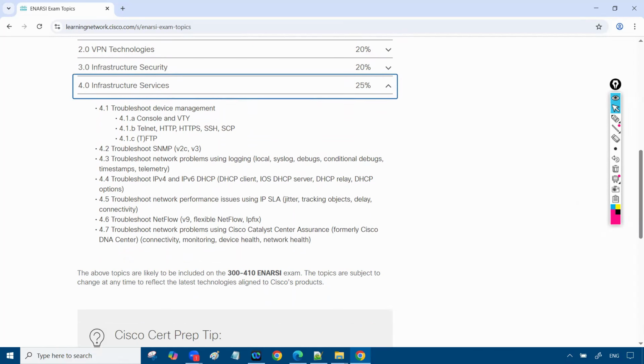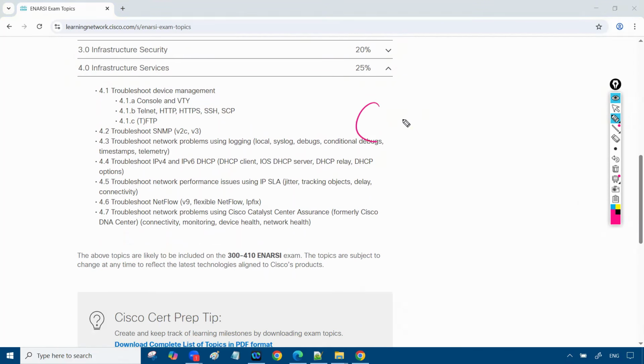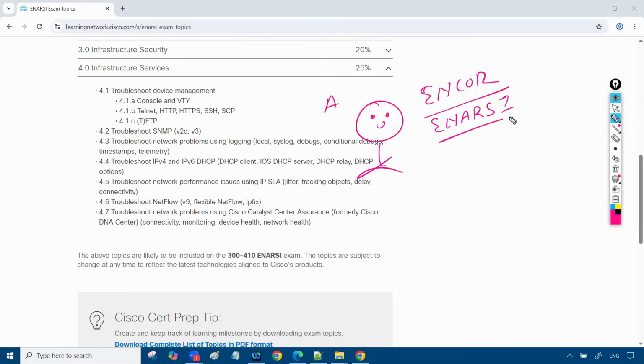I'm repeating the same thing. If there are two guys over here, let's say this is A, and A has a plan to only take a CCNP certificate, then he has to give the ENCOR paper, and he has to give the ENARSI as well. Any one of the concentration papers; I'm taking the example of ENARSI.